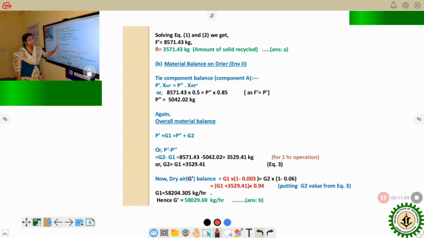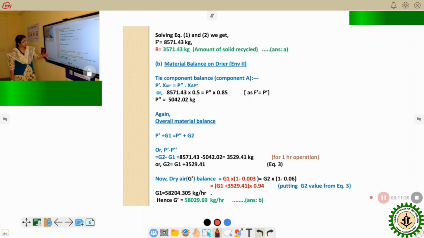Now P dash and P double dash are both already known. If you rearrange this equation, you get P dash minus P double dash equals G2 minus G1, which gives this value. Obviously, G2 can be written in terms of G1 here.